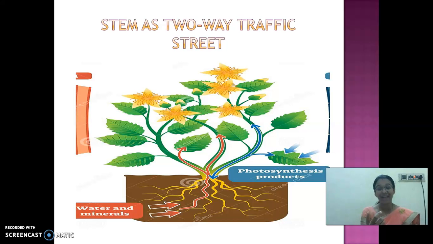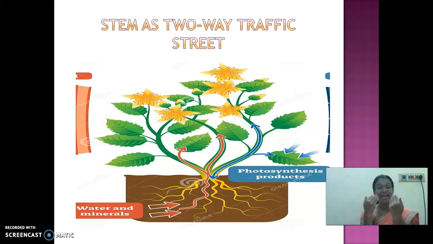Photosynthesis. Right. Photosynthesis is the process in which the green plants prepare their own food. So, what is that equation? What is the reaction which takes place in photosynthesis? Carbon dioxide plus water in the presence of sunlight and chlorophyll gives carbohydrates and oxygen.